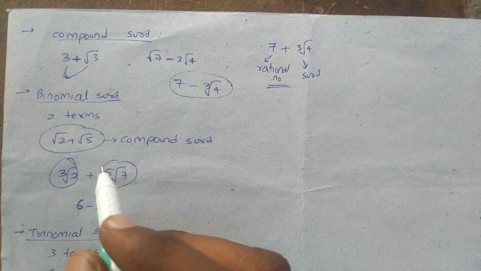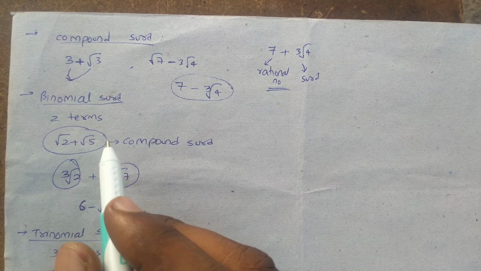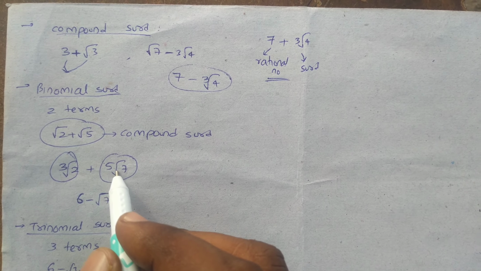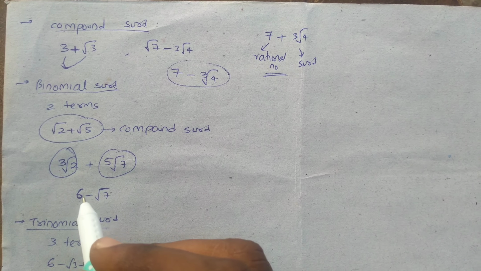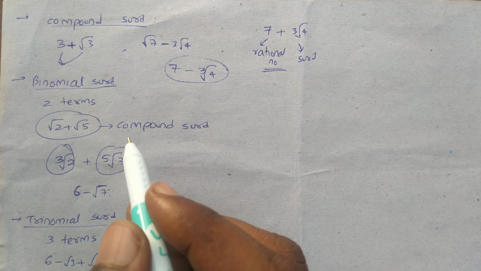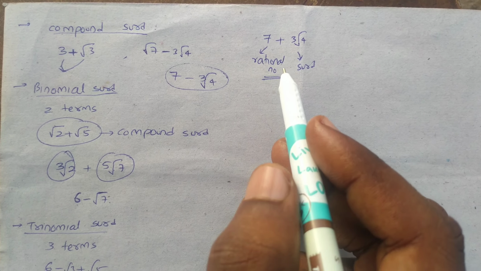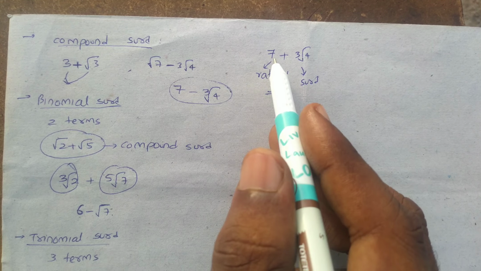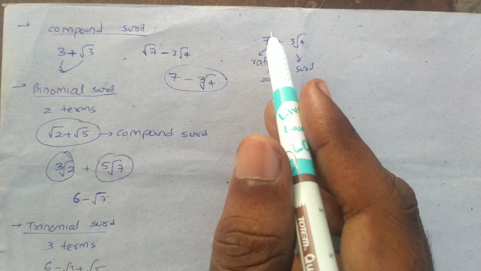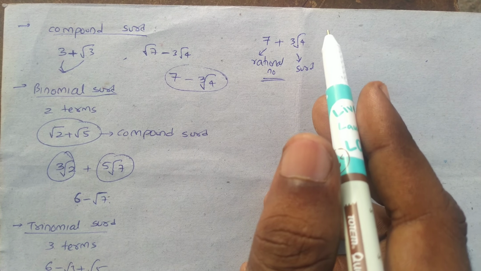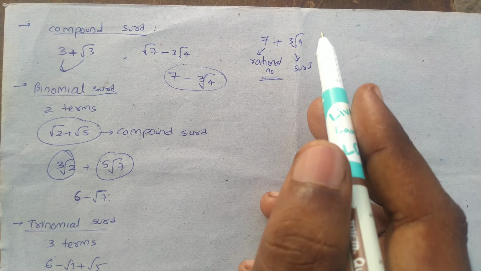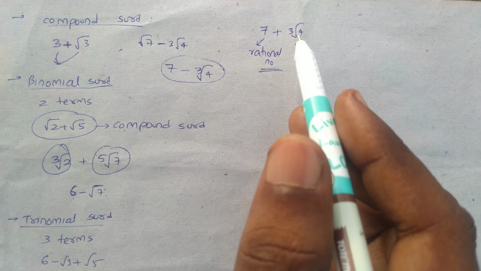But in a binomial surd you can have two surds, or one rational number and one surd. In a binomial surd there can be anything, but in a compound surd compulsorily one rational number and one surd should be there.